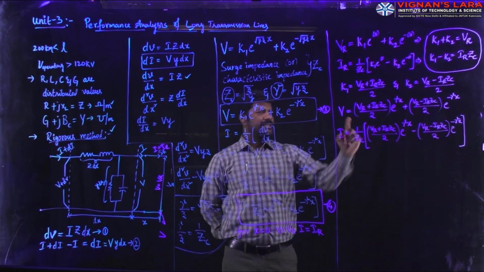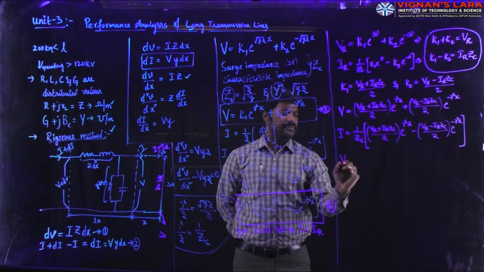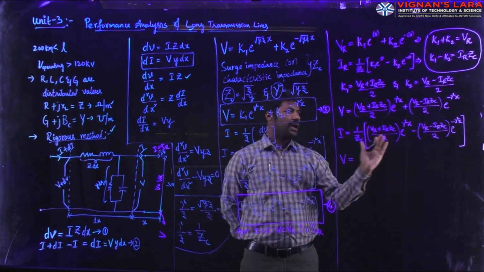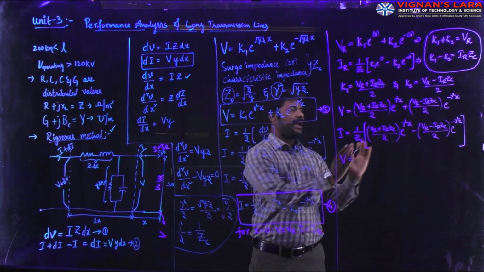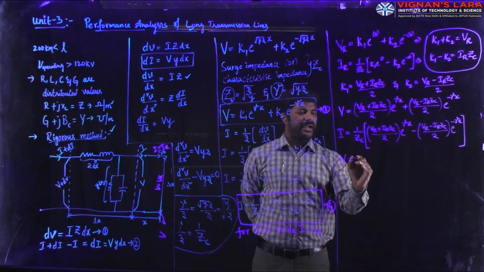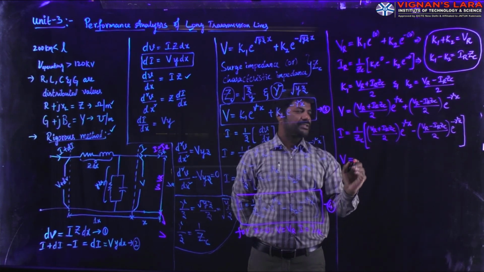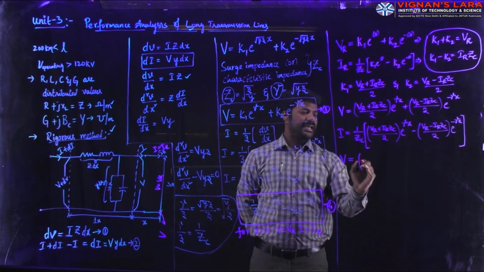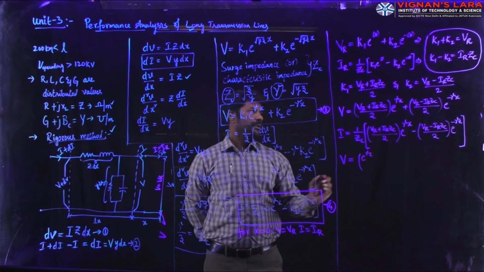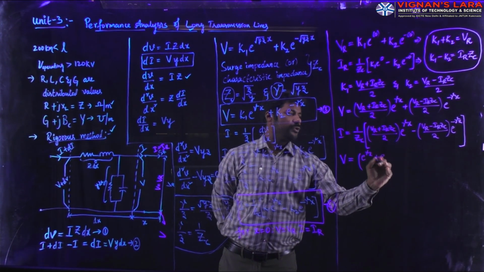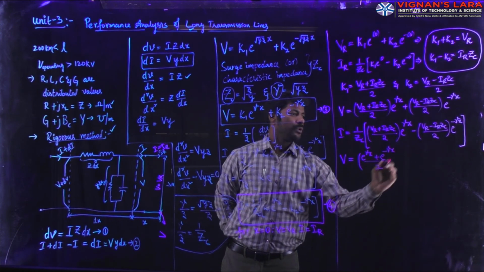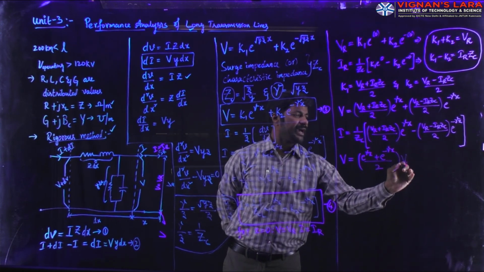So rearrange the terms. Rearranging the terms, the capital V can be written with VR coefficients on one side and IR coefficients on the other side. Taking VR as common, we get (e to the power gamma x plus e to the power minus gamma x) by 2 multiplied by VR.